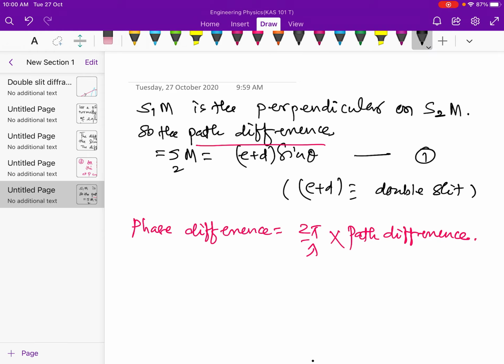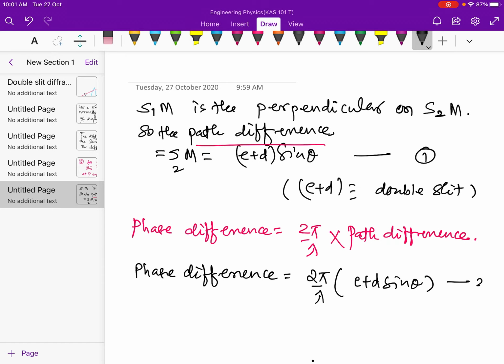So the phase difference is equal to 2 pi by lambda into (e plus d) sin theta. Equation 2. We will use another term, 2 beta, where beta is equal to pi by lambda (e plus d) sin theta.